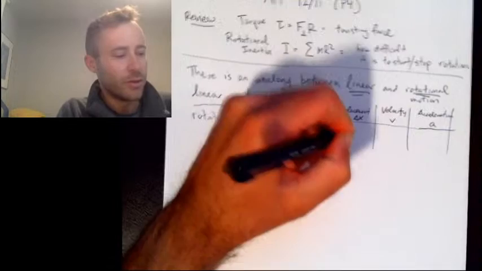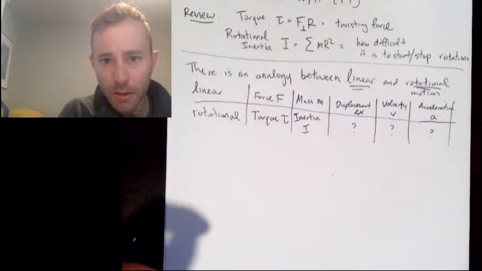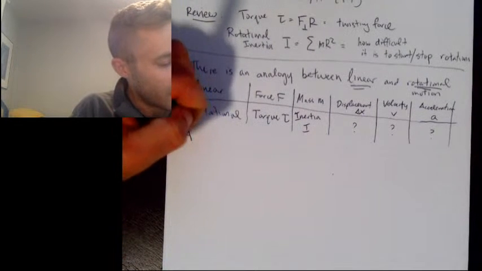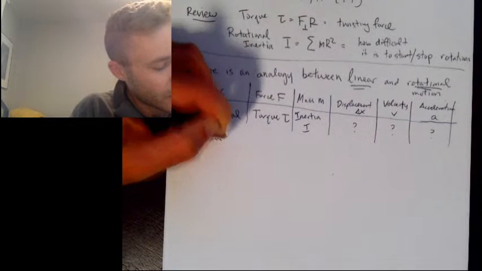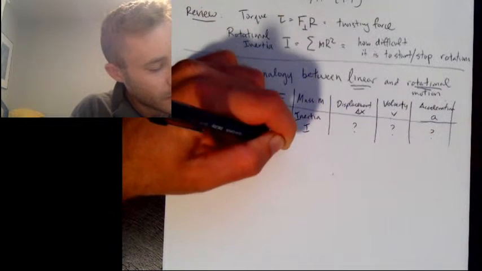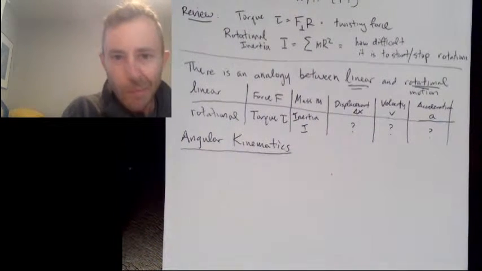And so the topic of today's lesson is the rotational version of these three quantities. Okay? And so today's lesson is about what's called angular kinematics. Okay? Angular kinematics.